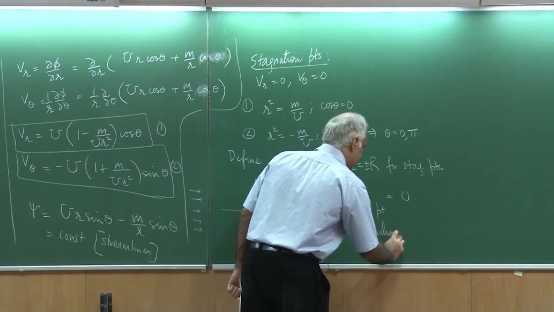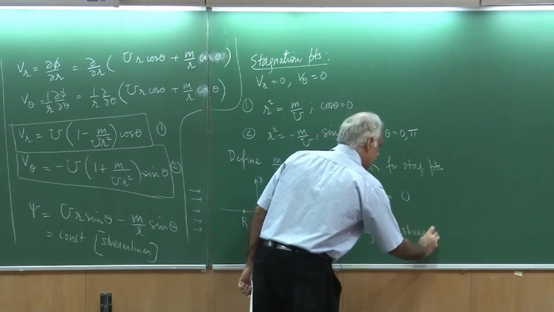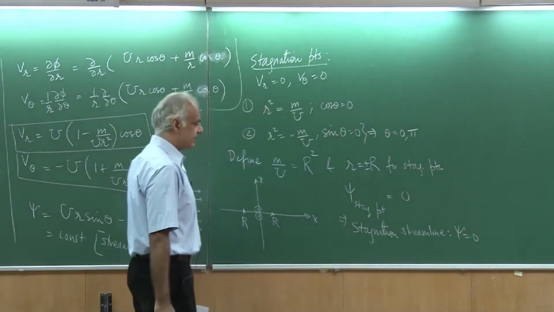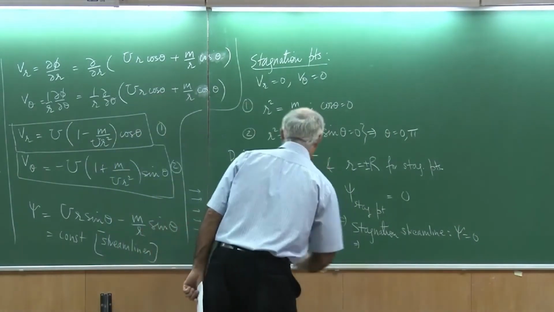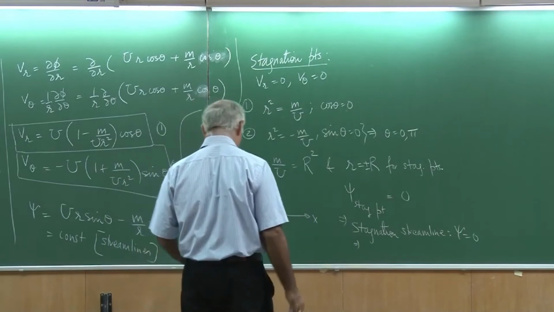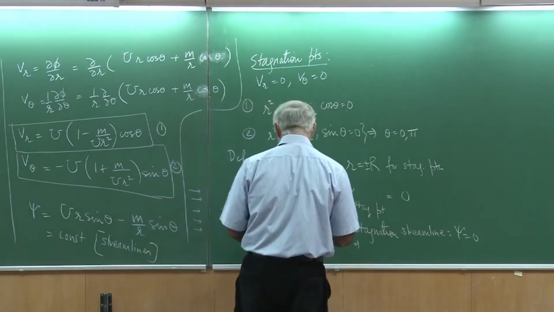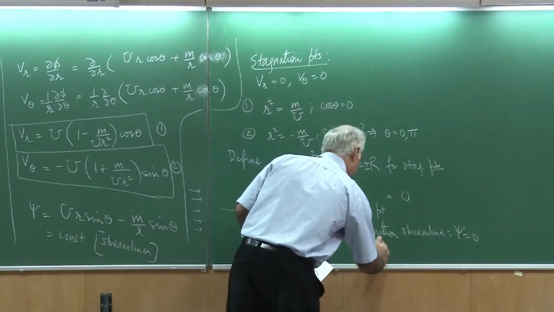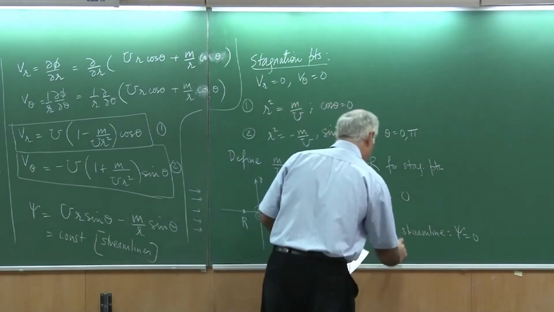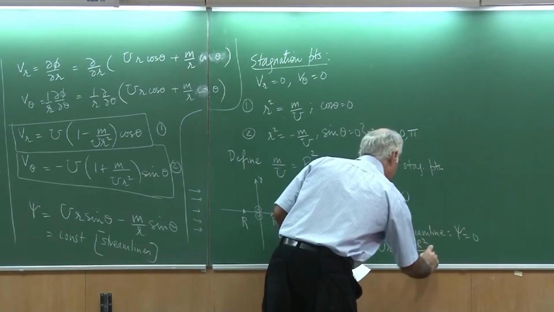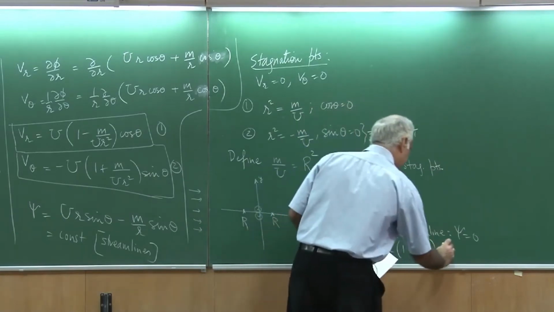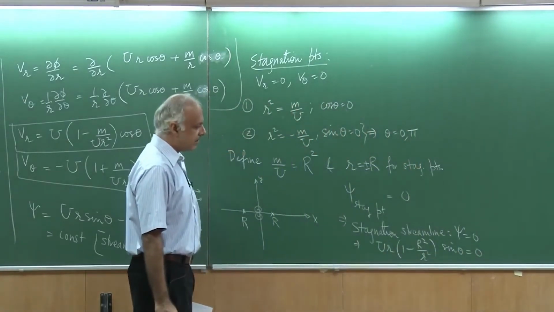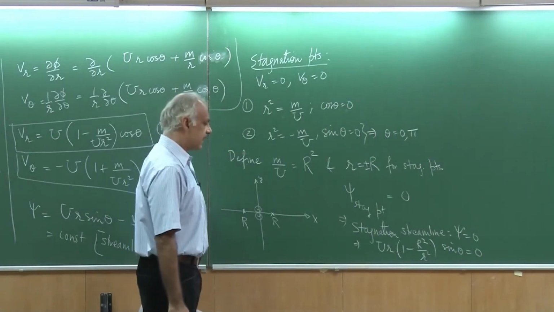So, to get the stagnation streamline, all I have to do is put psi equal to 0, which means that I need to put this function equal to 0, and that would be simply u r times 1 minus R square by r square, sine theta equal to 0.